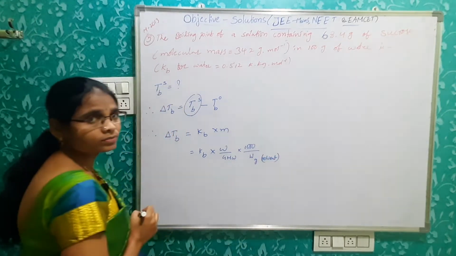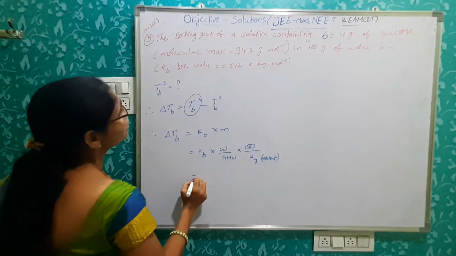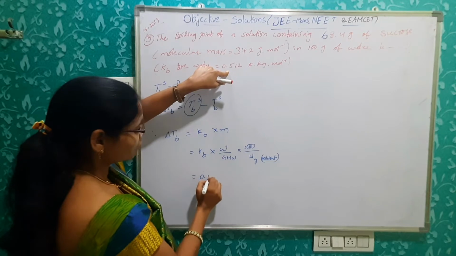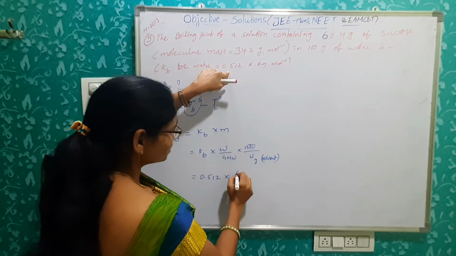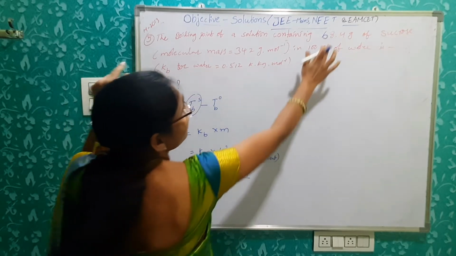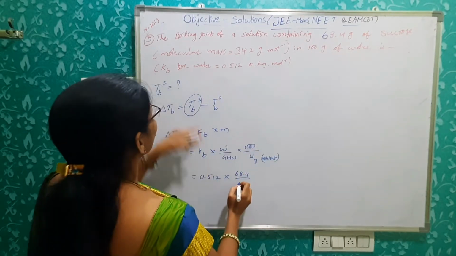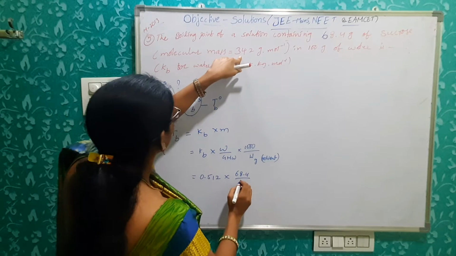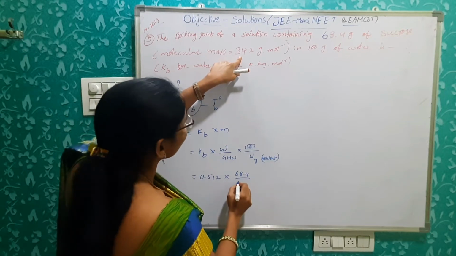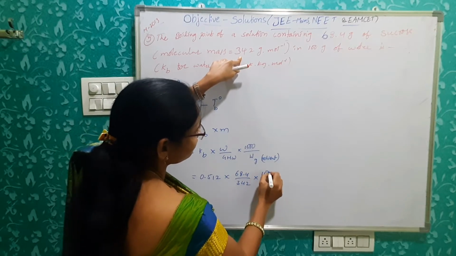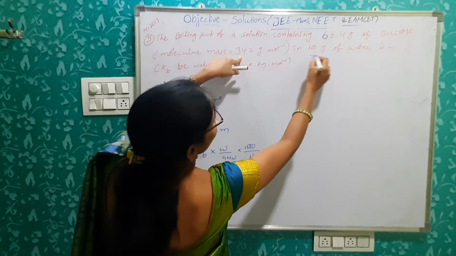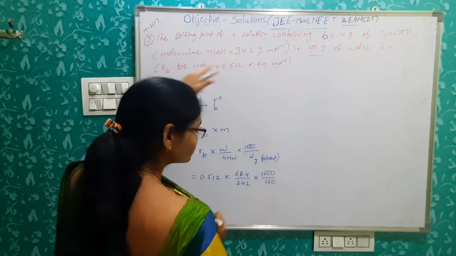Solvent in grams. Okay. Now Kb is given as, for water, 0.512, into weight of sucrose given as 68.4 by molecular weight of sucrose, given as molar mass 342, into 1000 by weight of water 100 grams.